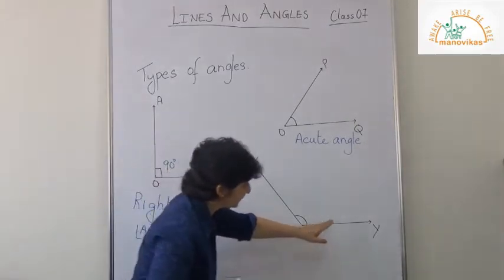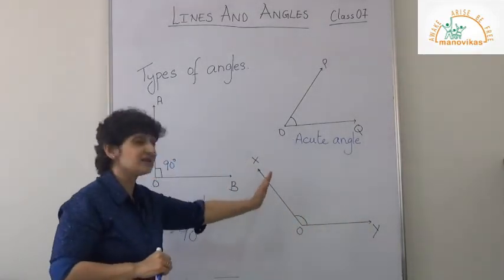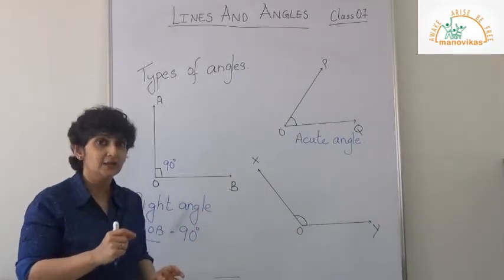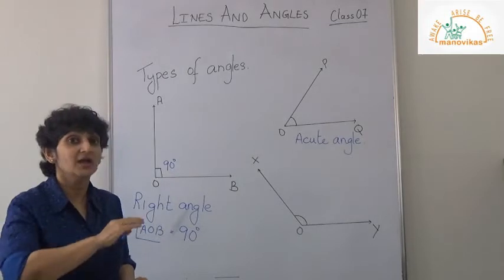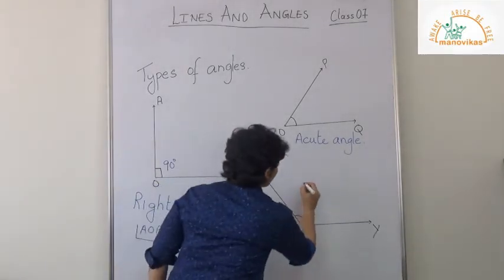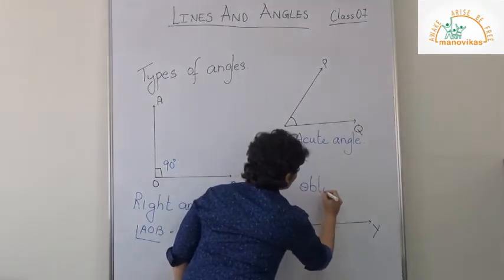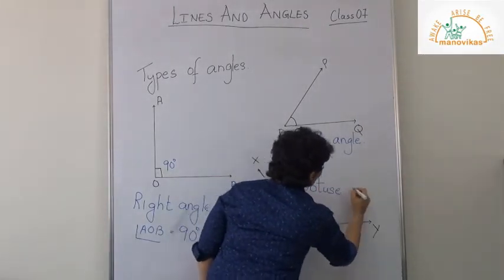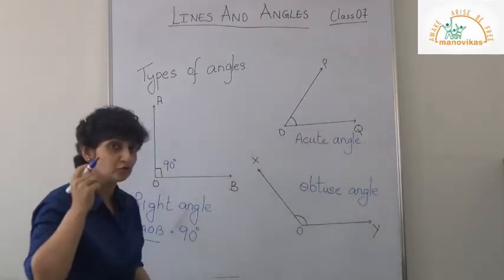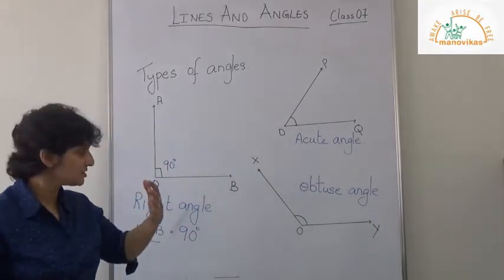Likewise, if you see this, now this is more than 90. So an angle whose measure is more than 90 is called, what is it? Right, obtuse angle. Children, it is very easy to understand when you just look at the shape.